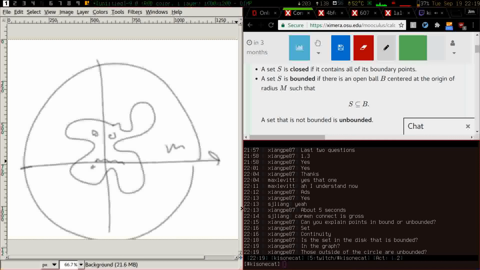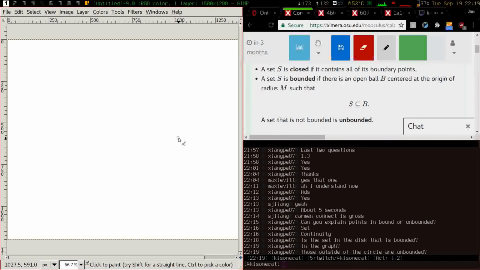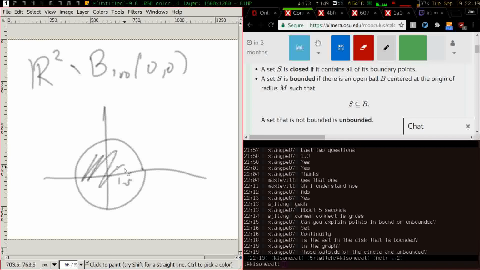The set of points outside of this circle is unbounded, not because it's outside this open ball, but because it's outside every open ball. If you take the plane and subtract an open ball of radius 100 around the origin, what you're left with is all this stuff out here.